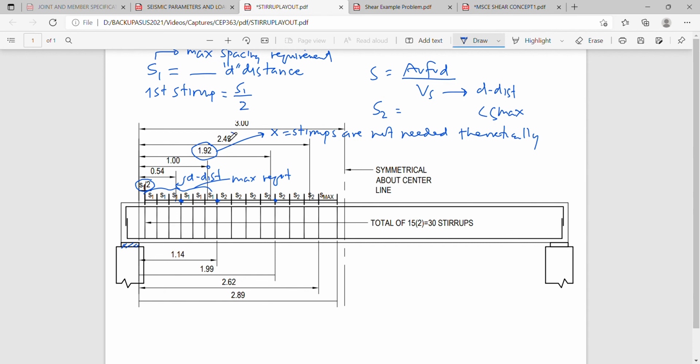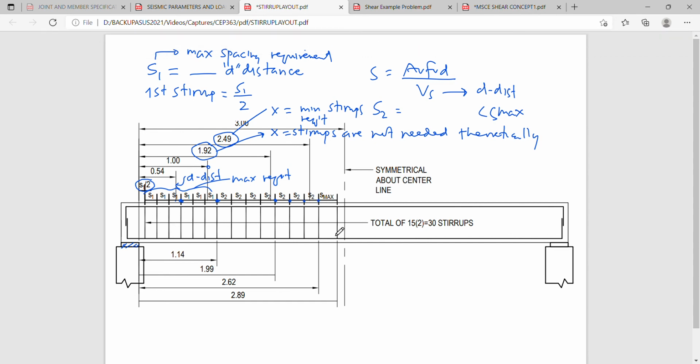And what is this 2.49 here? 2.49 is actually the X distance where minimum stirrups must be provided according to the code. So this is the minimum stirrup requirement. And the minimum stirrup requirement so happened is actually greater again than S2. That's why we continue S2 here. Hanggang dyan.